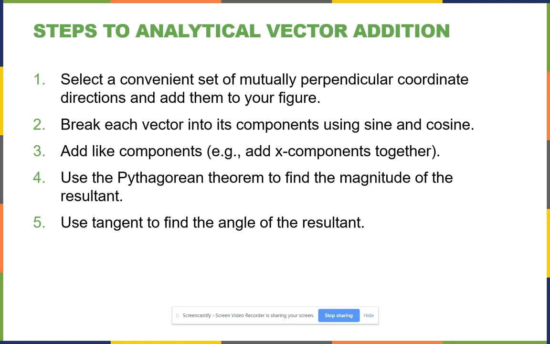Make sure you have an accurate scale. I'm going to have a graph that has the scale for you on it, so follow the scale that's on the graph. And then when you're done, you measure the angle and you measure the magnitude to get your answer. So that's another thing that is going to be on the test.